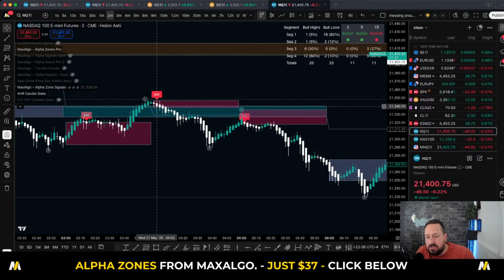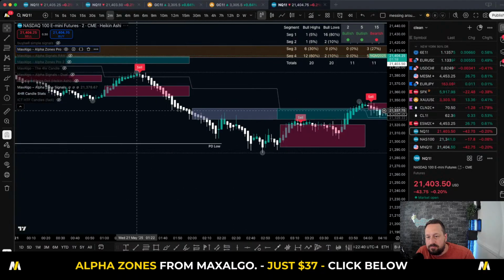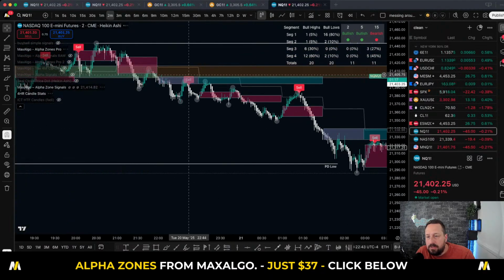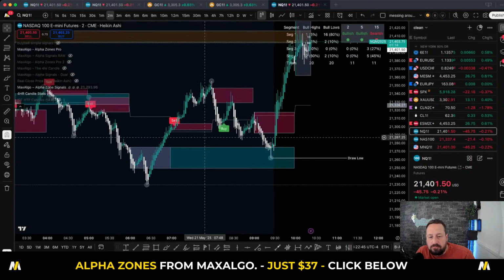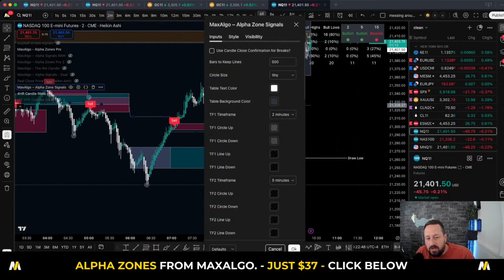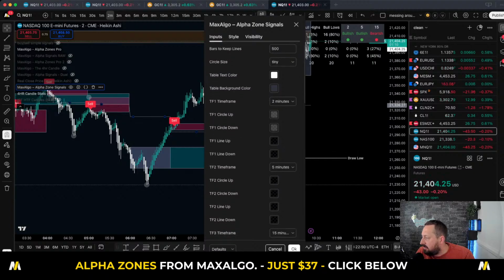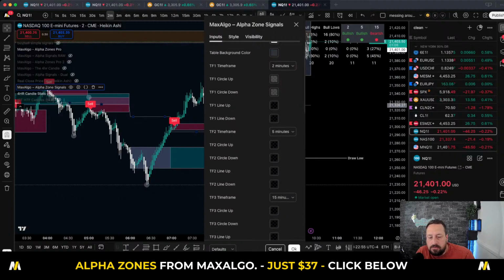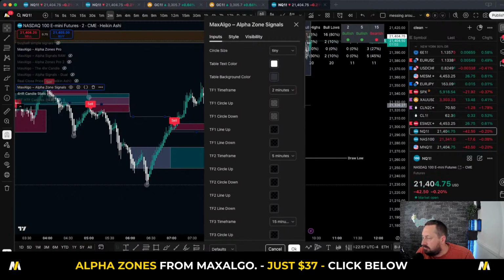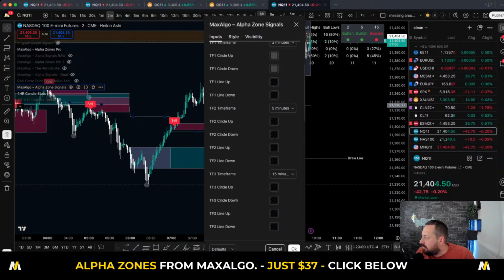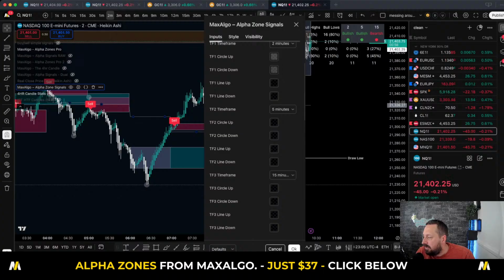It has to touch a zone to give a signal, so that keeps you from overloading signals in the wrong places. The only thing I can say, Aaron, is everybody else has been given it with the same settings as yourself. Have you restarted TradingView in invite only?